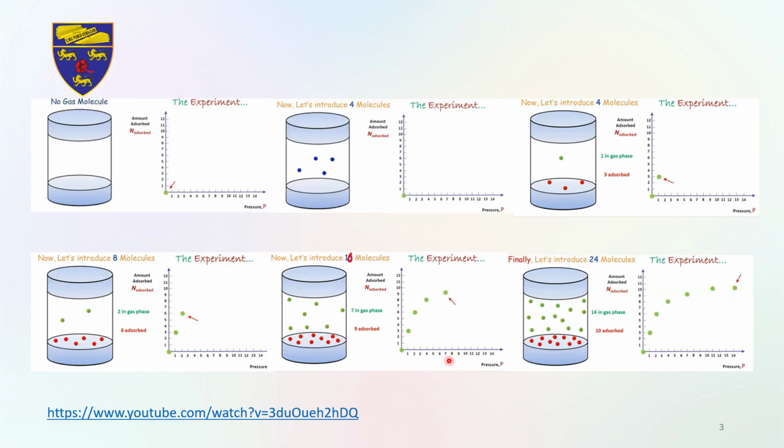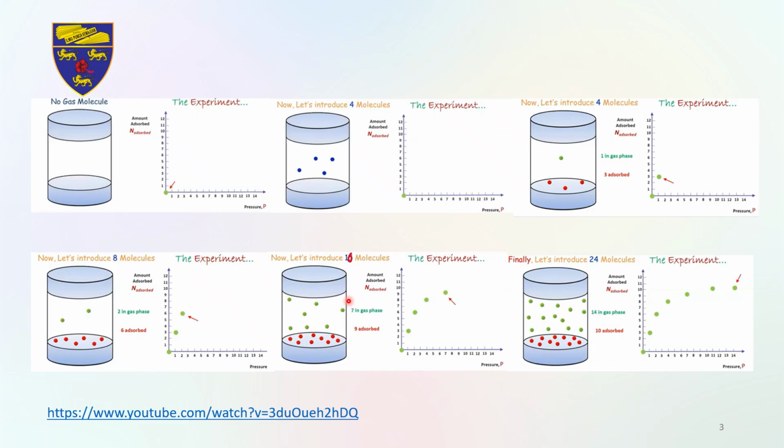If we further increase the number of molecules in this system to 24 molecules in total, we will see that the pressure of the system increases, while the number of molecules adsorbed does not change much compared to when there were only 16 molecules.